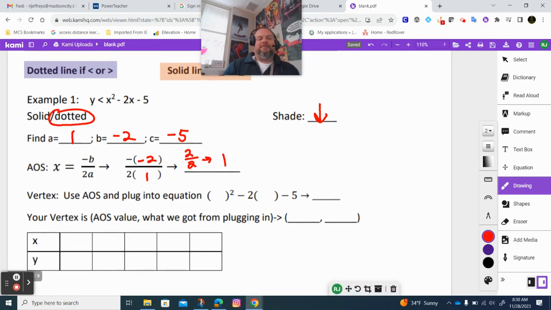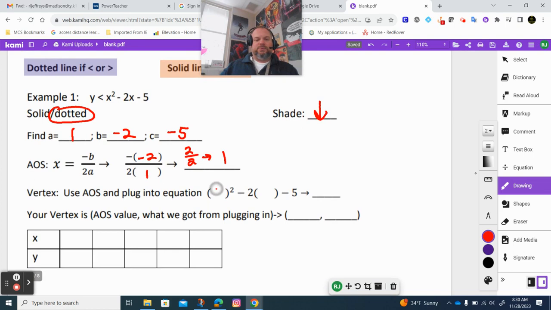All right. And because Mr. Jeffries is weird, I'm going to put 1s in all the places where 1s need to go. Remember, the axis of symmetry is our x value for our vertex.